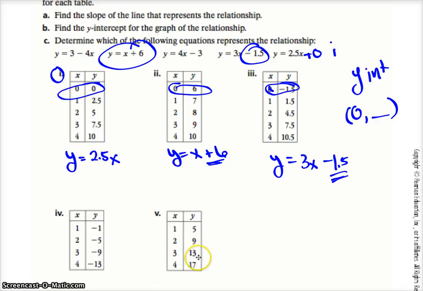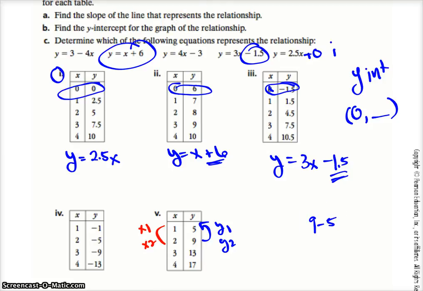This is my change in y. So y2, this is y1. And then I'll subtract here x2 minus x1. So I'll have 9 minus 5. Let me write that out.